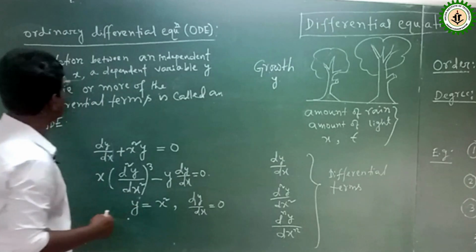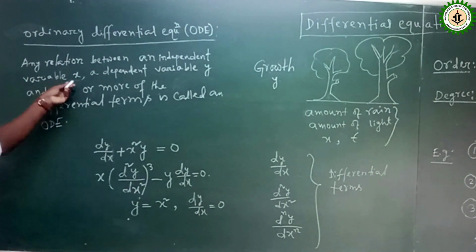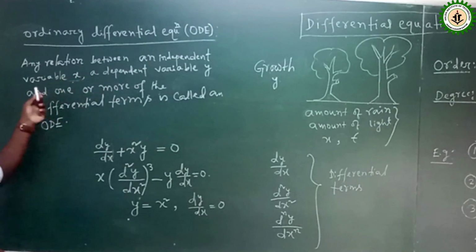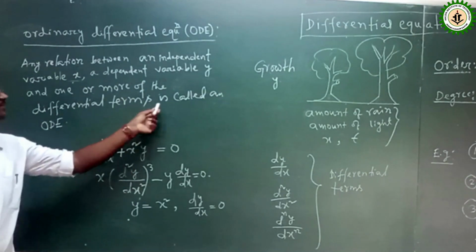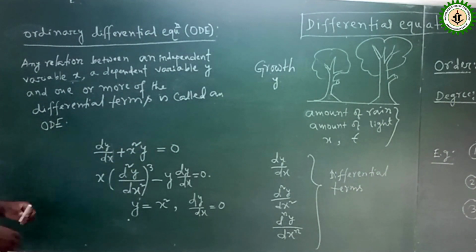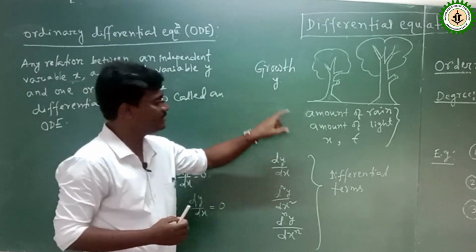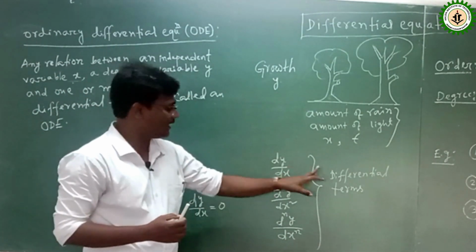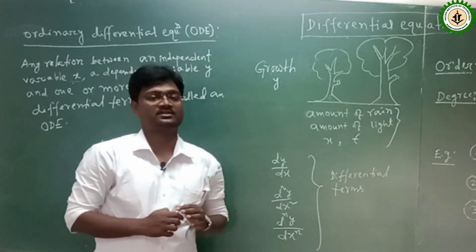Look here, any relation between an independent variable x, a dependent variable y, and one or more of the differential terms is called an ordinary differential equation. That means any relation between these dependent variables, independent variables, and differential terms is called an ordinary differential equation.